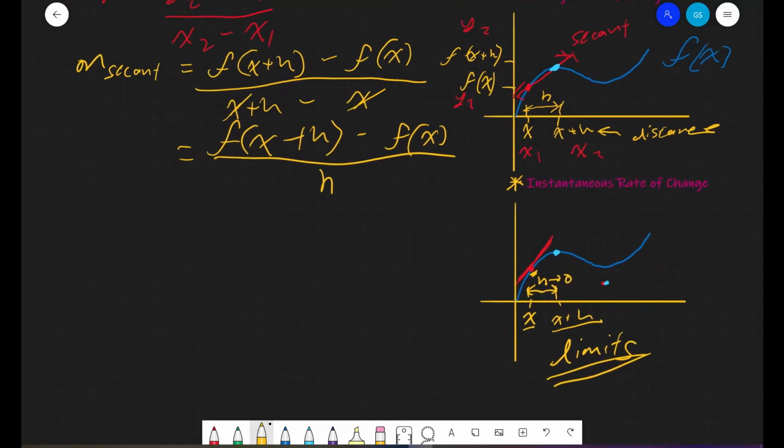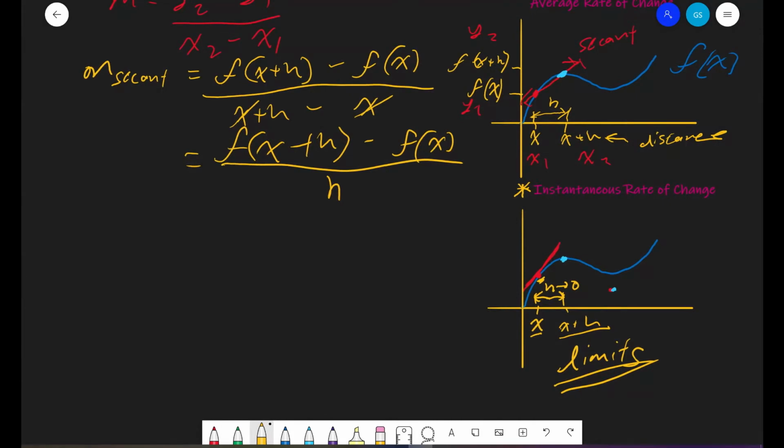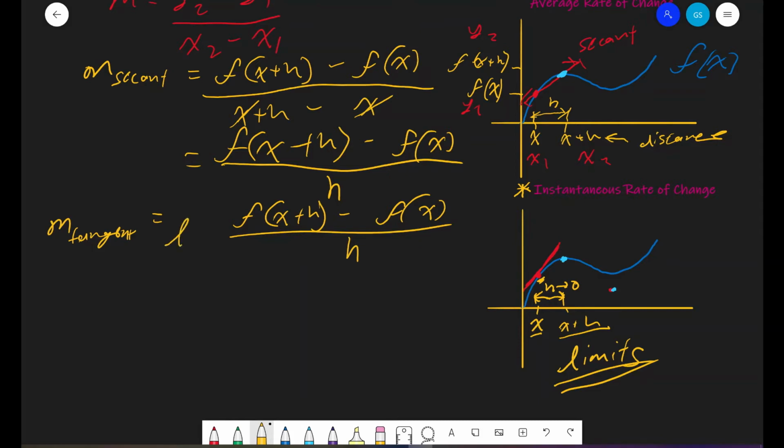So the formula for this tangent line to express the instantaneous rate of change is basically the same formula as the average rate of change. So I'm going to write a little space here: f of x plus h minus f of x over h, and add a nice little limit.